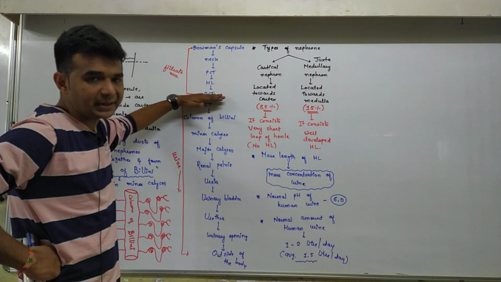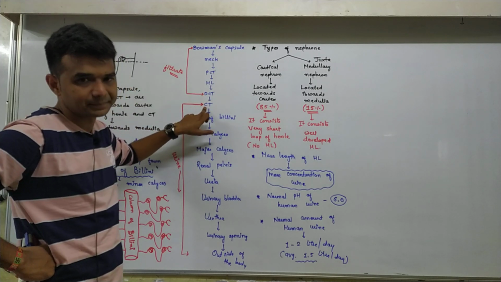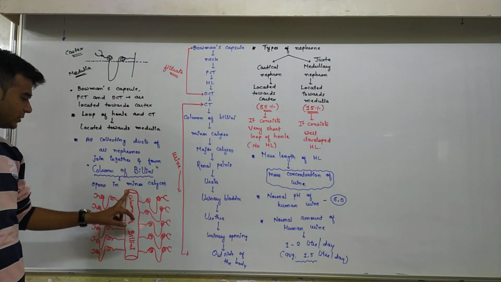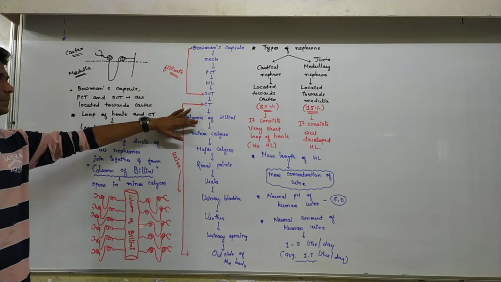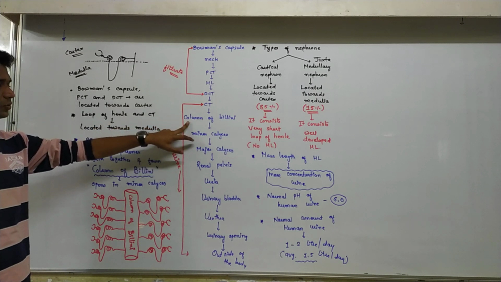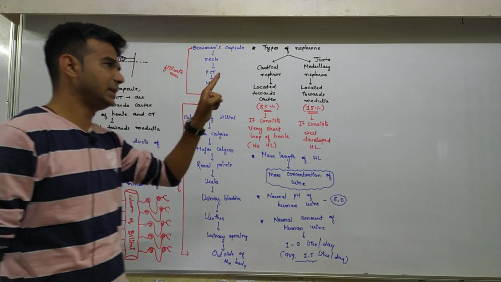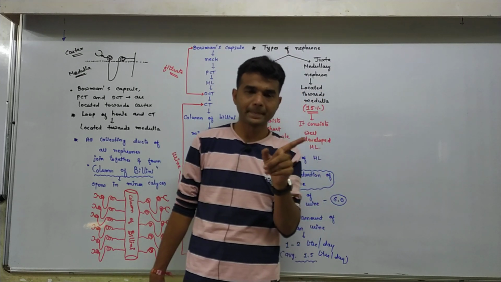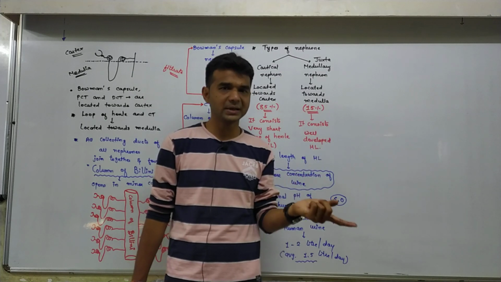The formed urine is collected by the collecting duct. Then the collecting duct pours the urine into the duct of Bellini or column of Bellini. Now, as you know, I have drawn the diagram of the internal structure of the kidney in the previous class.